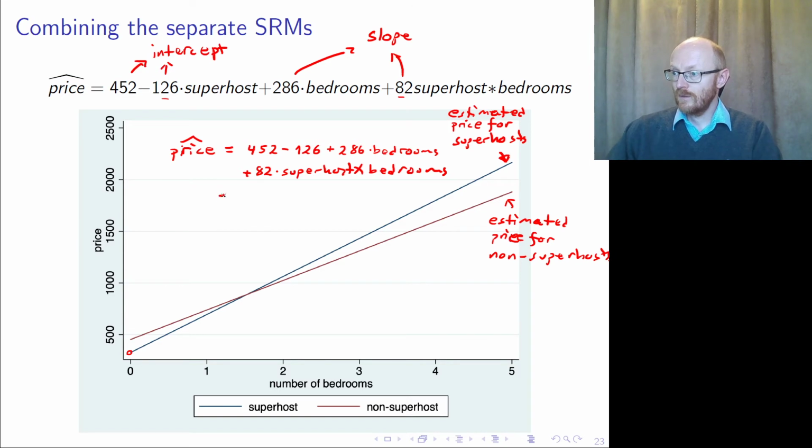Okay, which means that our intercept for superhosts is 326 plus 286 plus 82 is 368 times bedrooms.